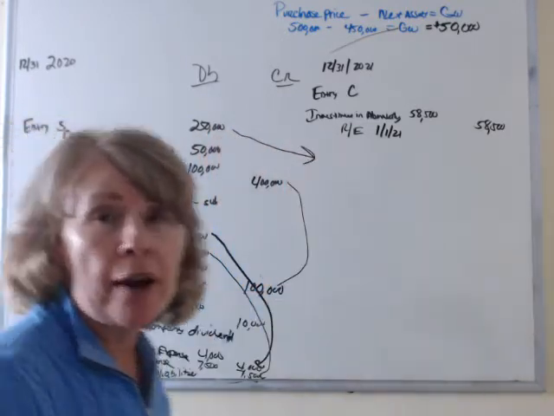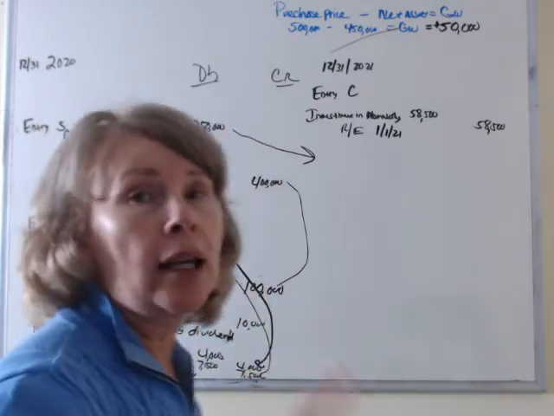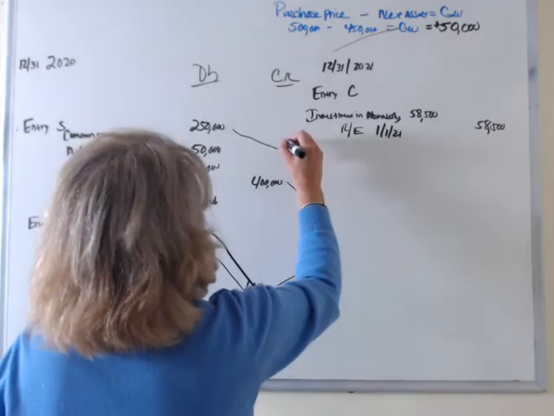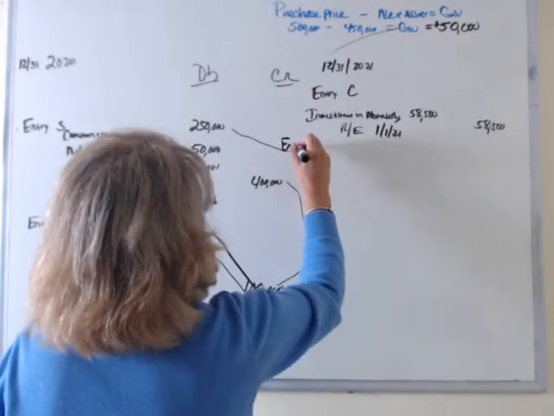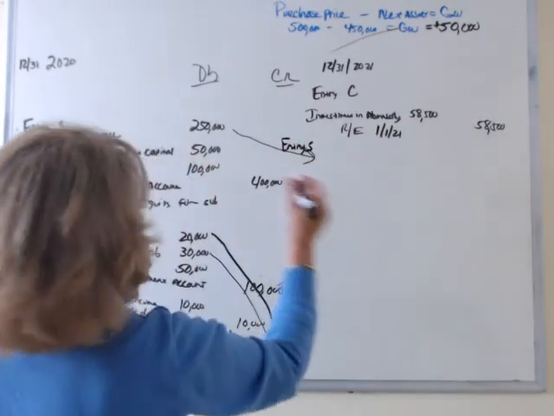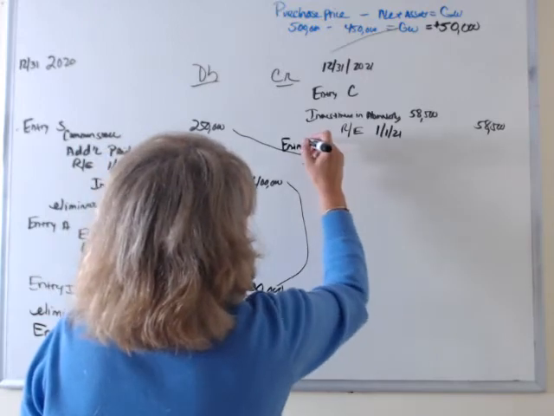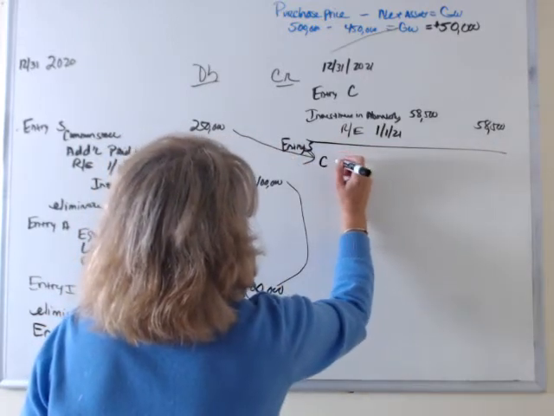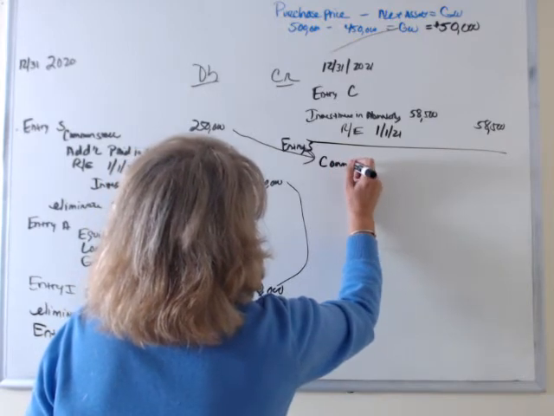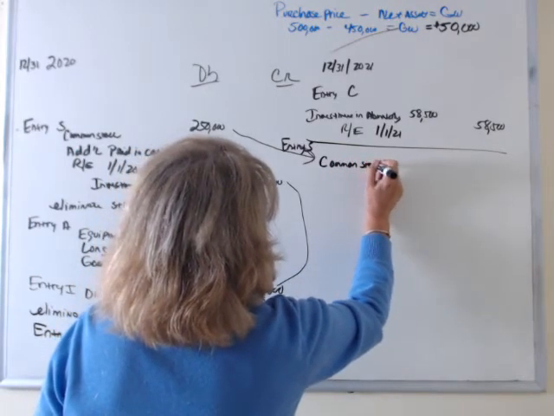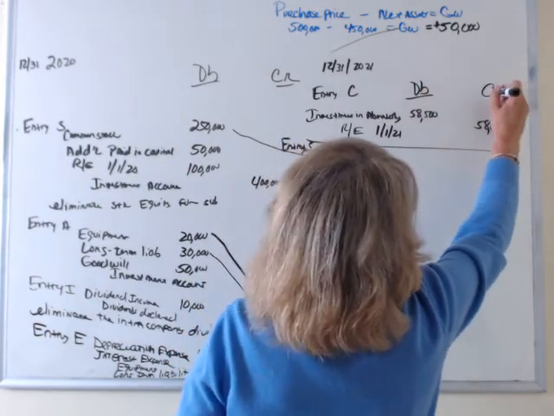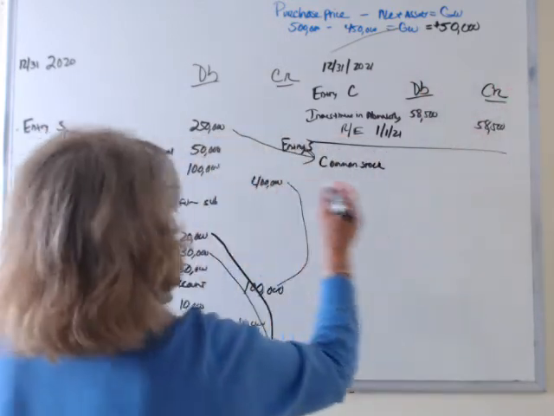Okay? All right, now I'm going to do entry S. It's going to be very similar to 2020, although one difference. All right, so entry S. I've got common stock. Let me draw a line. I've got common stock for $250.